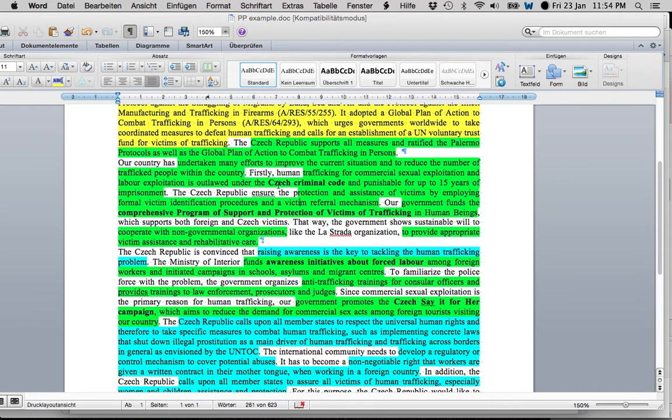It also focuses on different instruments a country has domestically used to try to address the topic: changes in the criminal code, support programs for the victims of human trafficking, awareness campaigns about forced labor and sexual exploitation. Very different aspects of the topic and different instruments that you can use to address a certain aspect.